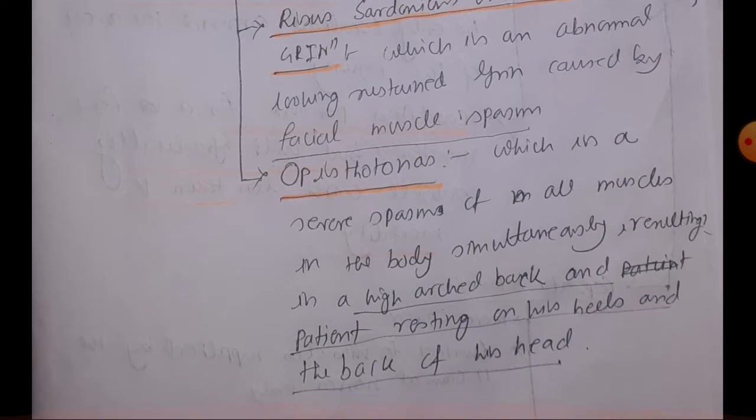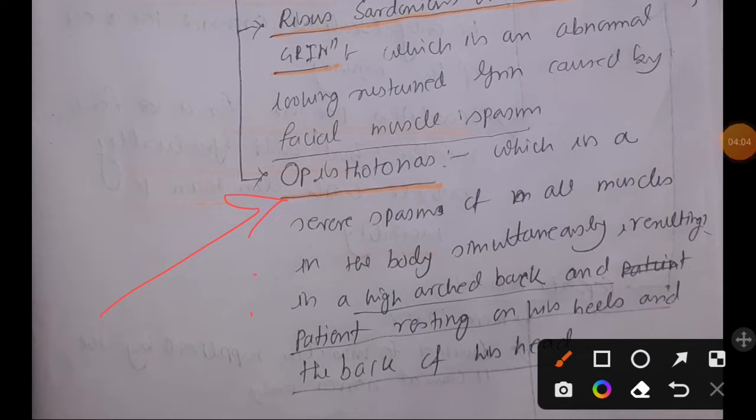After that, when it starts to spread through the rest of the body, it causes opisthotonus. This opisthotonus condition is characteristic of tetanus infection. Remember it, where there are spasms in all the muscles of the body simultaneously, resulting in a highly arched back and the patient resting on the heels and back of the head.